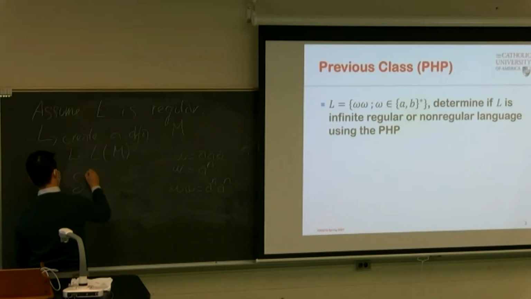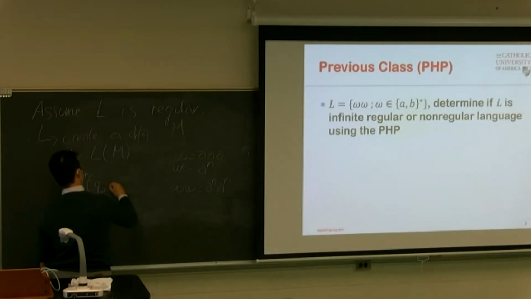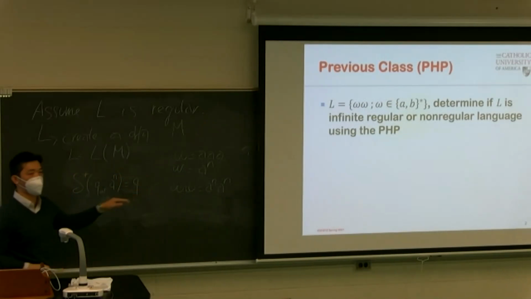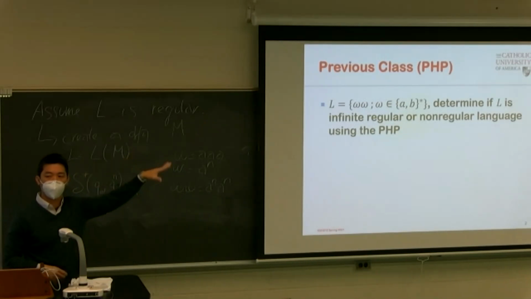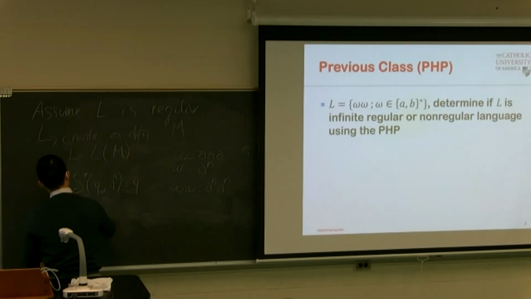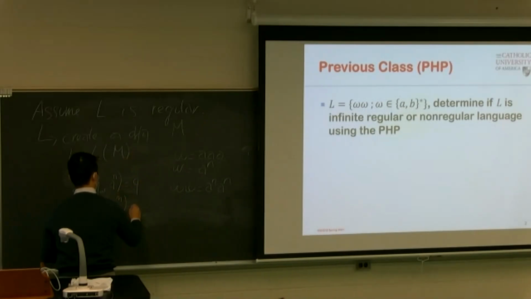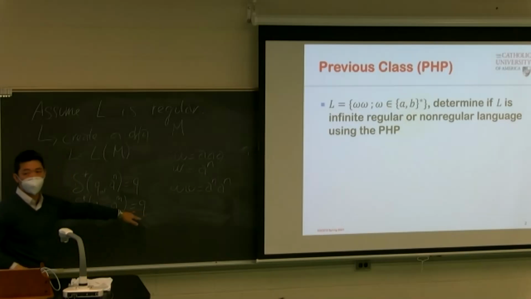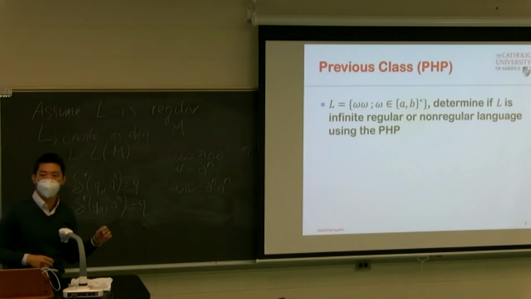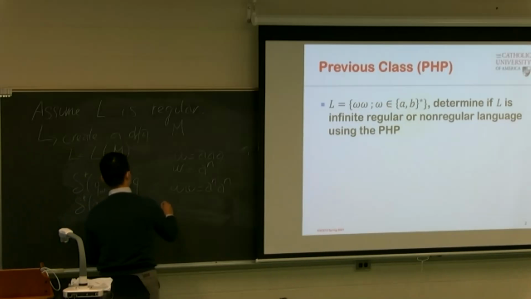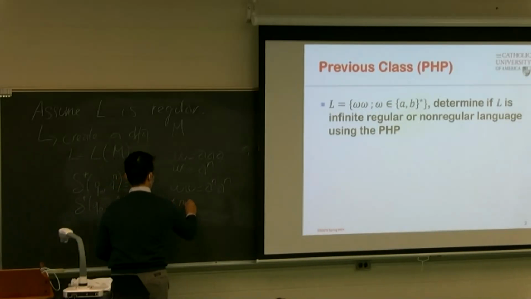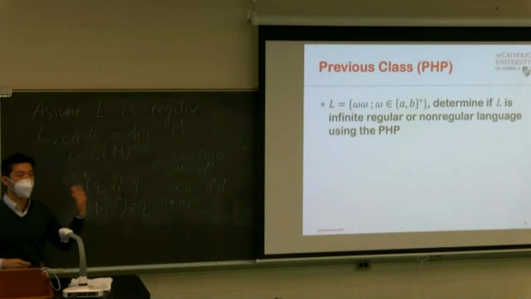In the previous example, we start from the initial state, and then we pick A to the N, that transitions to some Q state somewhere in that machine. And at the same time, A to the M also ends up in the same state Q. We know that N and M have to be different, based on the Pigeonhole Principle.